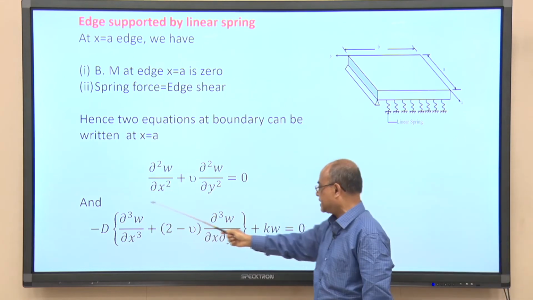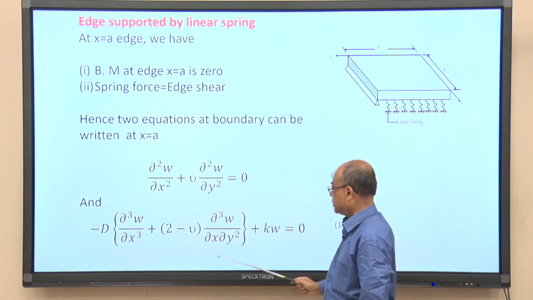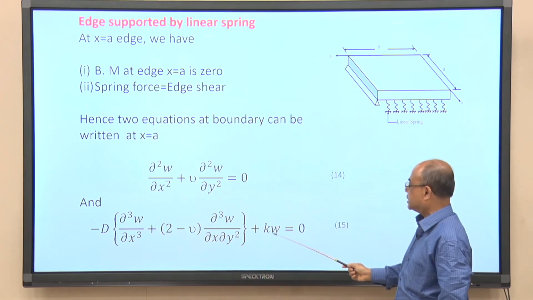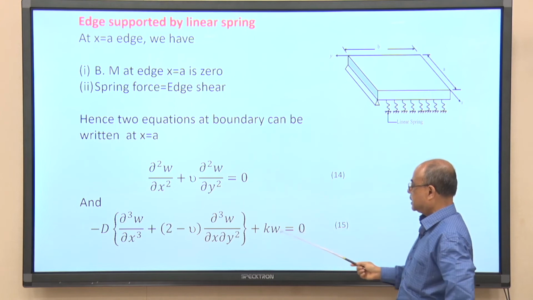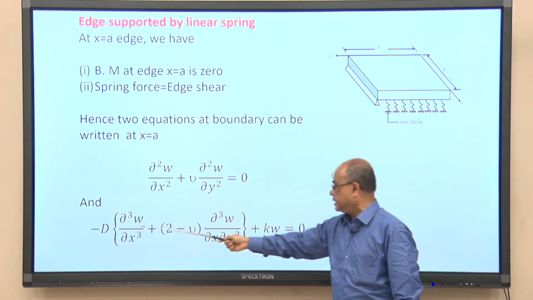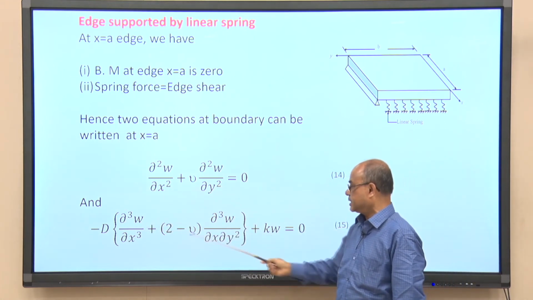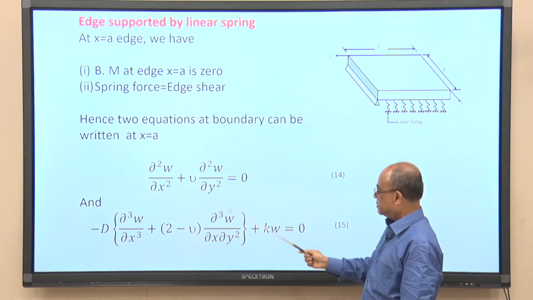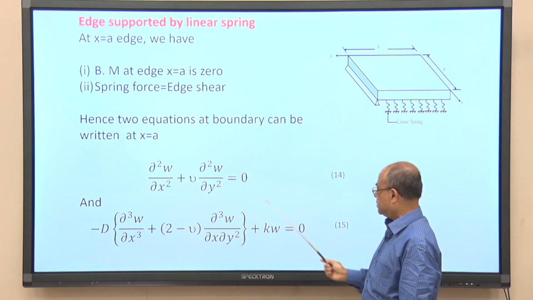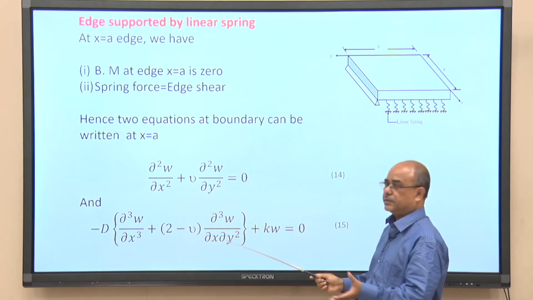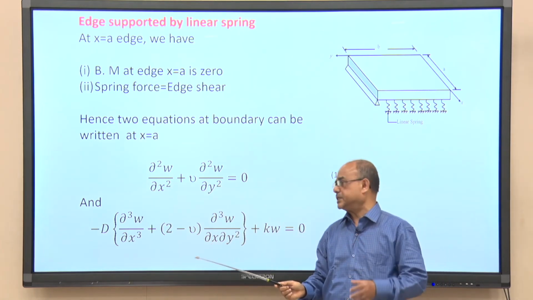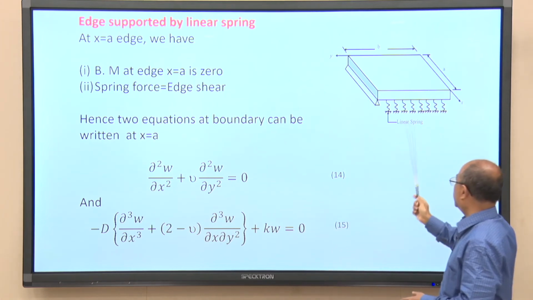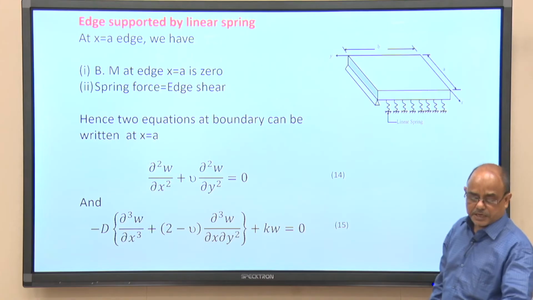This is the S shear expression at x is equal to a that we have derived earlier, plus k w, the spring force, equal to 0. That means you can write D into whatever quantity is within the second bracket equal to k w. So, it indicates that the spring force has to be balanced by the S shear. These are the conditions when one edge is supported by a linear spring.